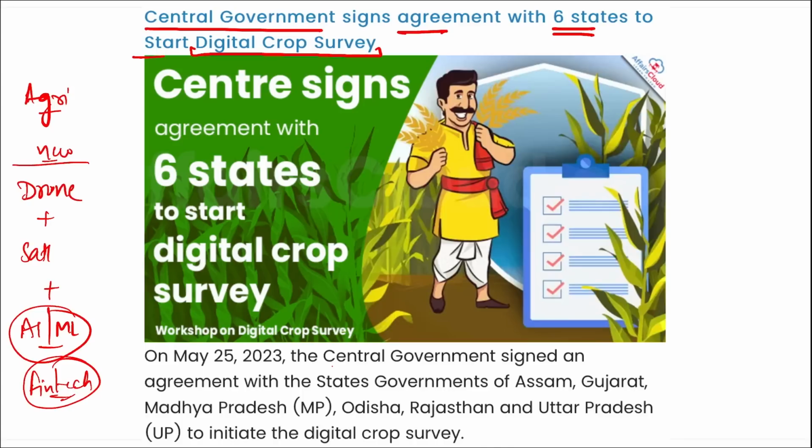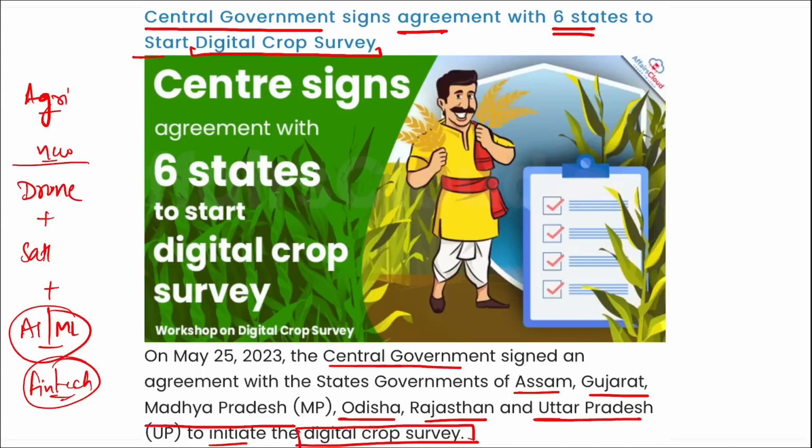For the same, the central government signed an agreement with the state governments of Assam, Gujarat, Madhya Pradesh, Odisha, Rajasthan and Uttar Pradesh to initiate the digital crop survey. Now the survey of the crops will be done in a digital format. So for the same, 6 states have signed an agreement with the center for this digital crop survey.